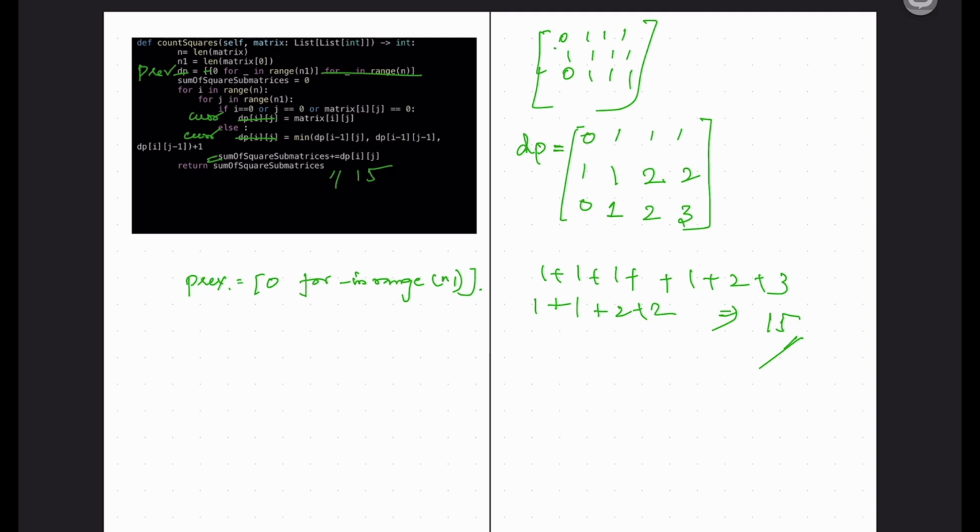So dp of i minus 1 is nothing but previous, and dp of i is current.